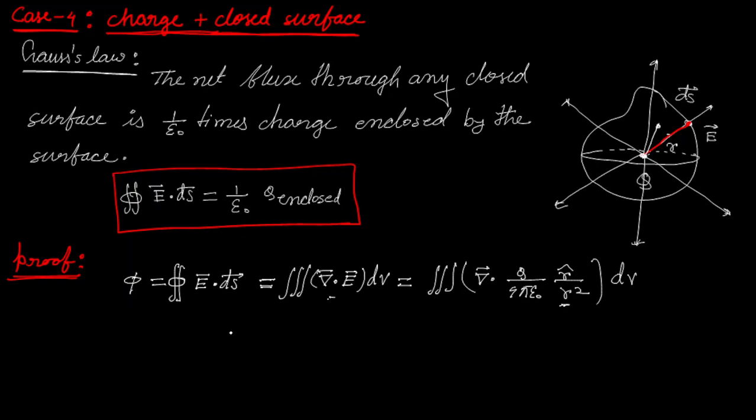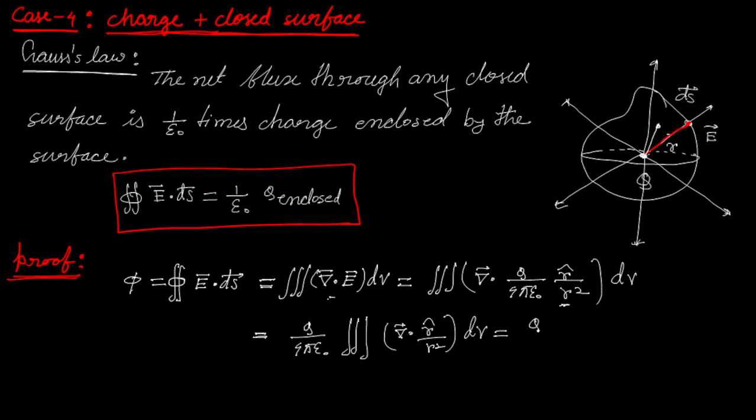Now if we take the divergence of this vector, we can write Q divided by 4 pi epsilon naught outside, and then we have to take the divergence of the vector r cap divided by r square into dV. What will be the divergence? We have already learned this. If we take the divergence of the vector r cap divided by r square, we can write it in terms of the Dirac delta function.